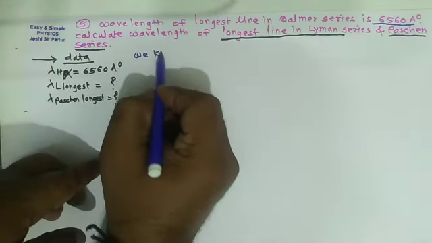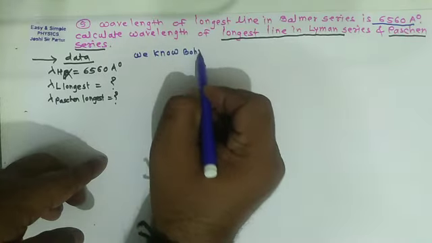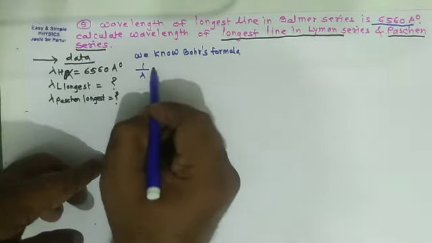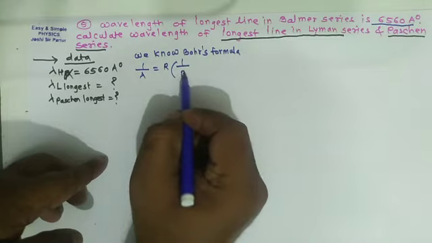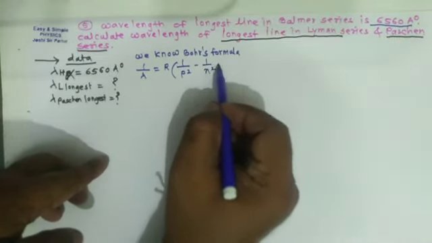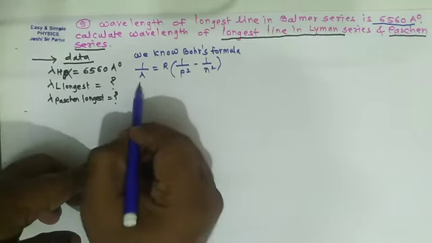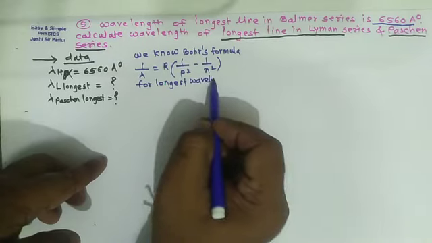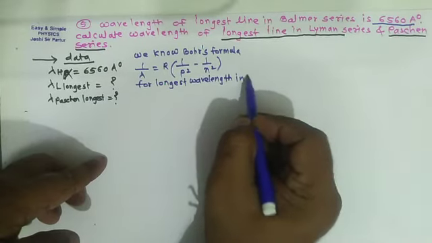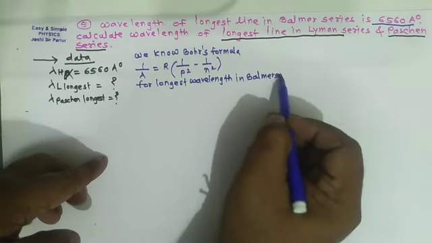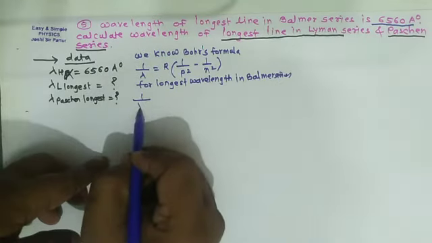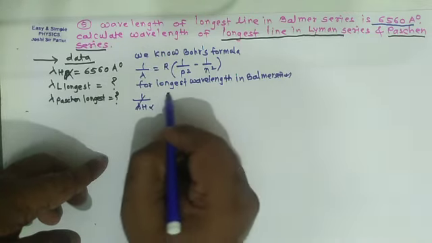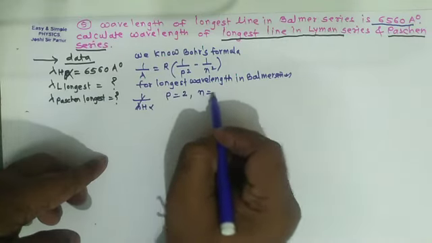We know Bohr's formula, that will be 1 upon lambda equal to capital R in bracket 1 upon p square minus 1 upon n square. So here for the longest wavelength in Balmer series, 1 upon lambda H alpha, p equal to 2, n equal to 3.